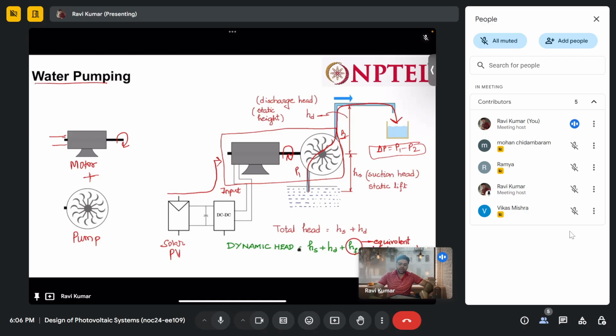So to calculate the need of solar PV system required, what we do? We calculate the energy, or we can say this head, this one and this one. So it is just a difference between the level of water.